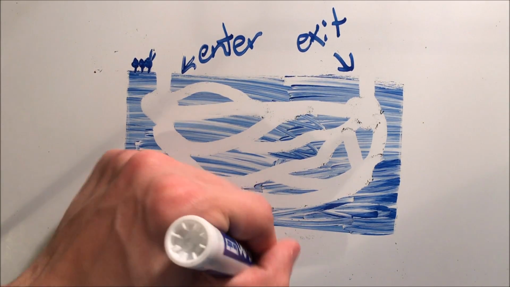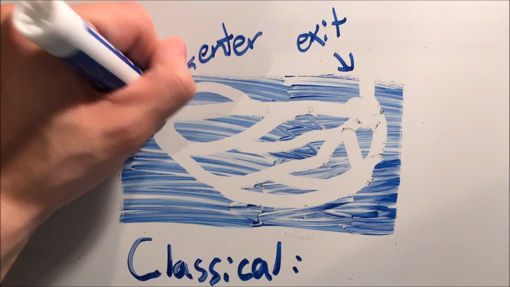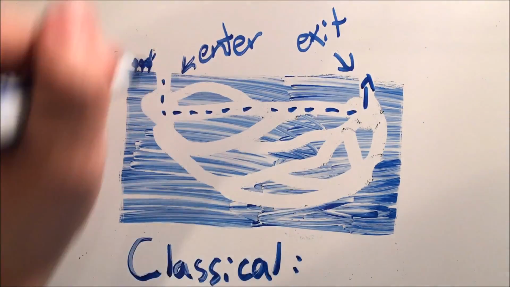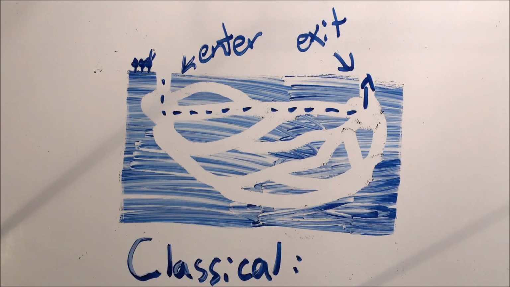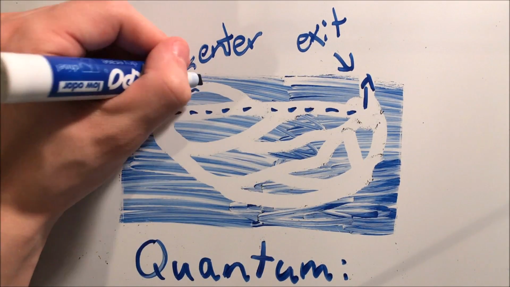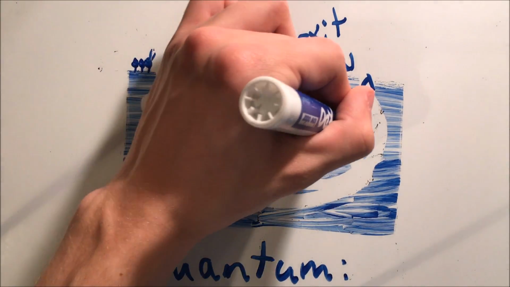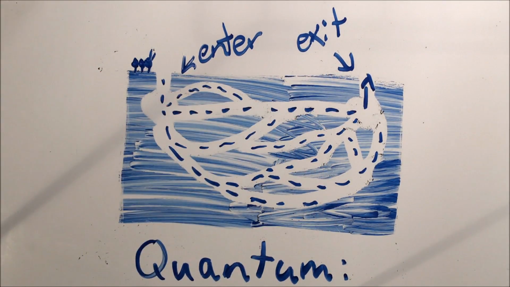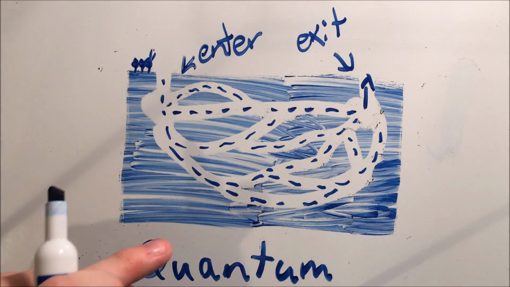Now, in classical physics, we can assume that the ant took one tunnel, one distinct pathway, to reach the endpoint and resurface. However, in quantum mechanics, what happens is that the ant, until we look at it, is actually taking every pathway simultaneously. Seems crazy, right? Yeah, I struggle with this one too.